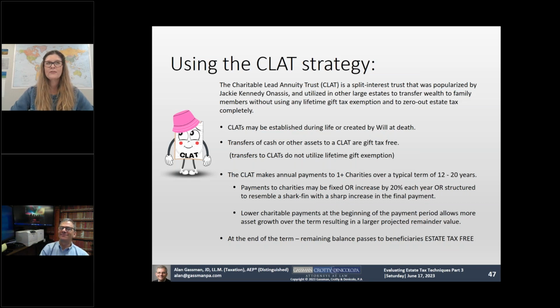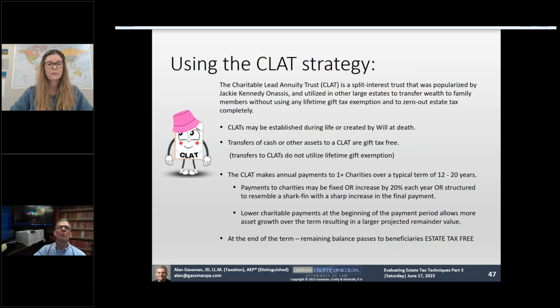And the advantage of that, if you put them in the calculator and play with that, you'll see that obviously the longer the assets are able to stay invested in the trust with slower payments out in the beginning, the more the assets will grow. So there's going to be more eventually to charity and to the beneficiaries in the end after charity. You can set them up at death, as Jackie Onassis did.